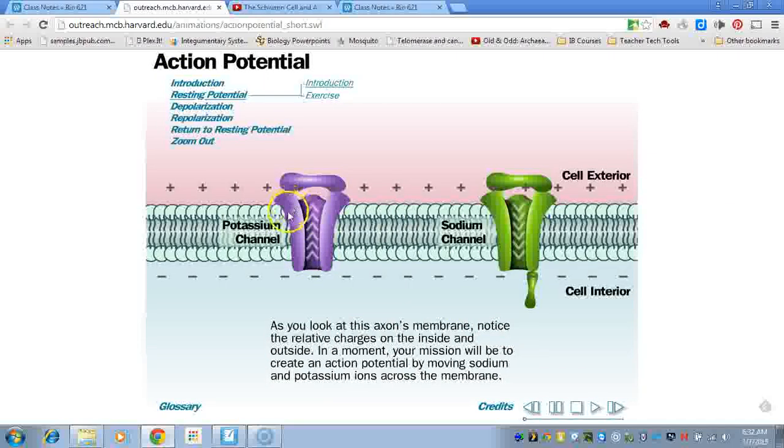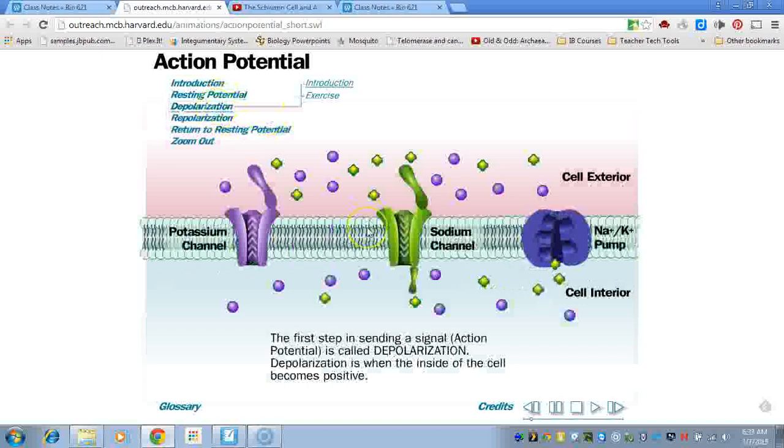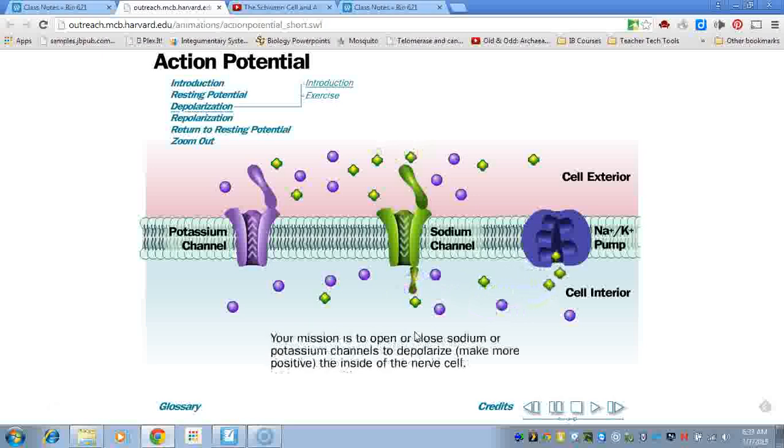So here's the potassium channel and the sodium channel in the resting membrane. Okay, there's a sodium-potassium pump working. So there's lots of the green ones, which are sodium, on the outside.